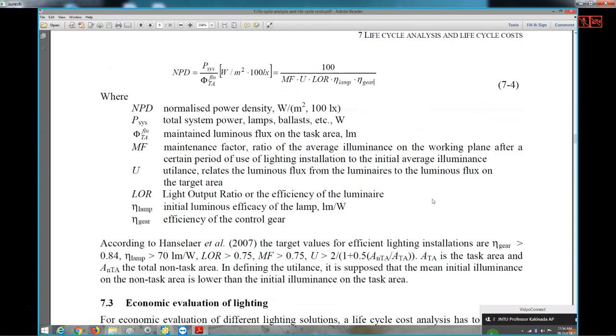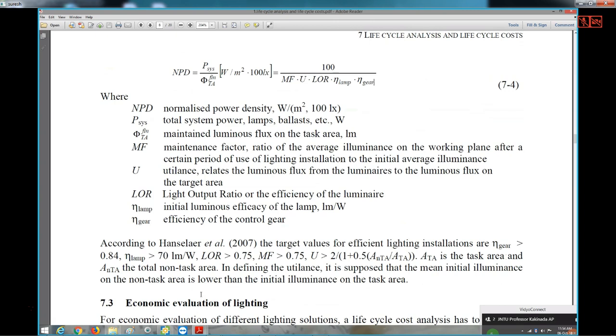Then LOR, or light output ratio, should be greater than 0.75, and the maintenance factor should be greater than 0.75. Then utilization luminous flux is greater than 2 by 1 plus 0.5 into ANTA divided by ATA, where ATA is the task area and ANTA is the total non-task area.